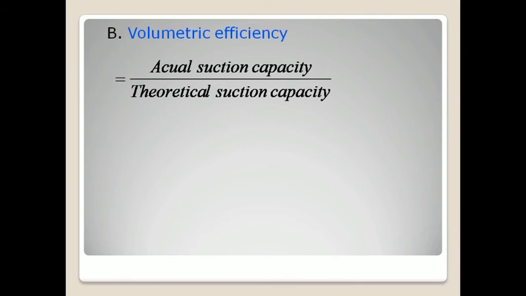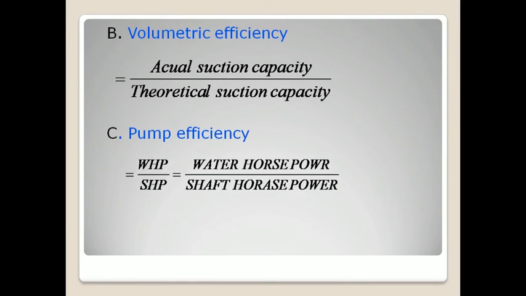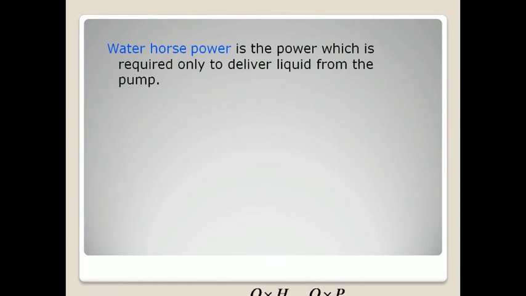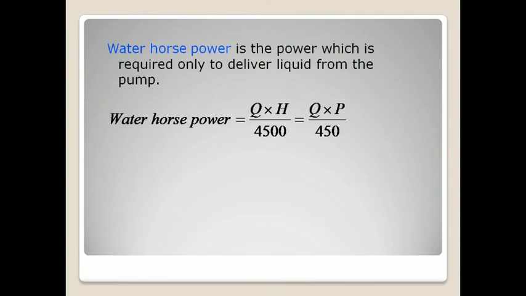Volumetric efficiency, it is calculated by actual suction capacity divided by theoretical suction capacity. Pump efficiency, it is calculated by water horsepower divided by shaft horsepower, WHP divided by SHP in short. Then what is water horsepower?